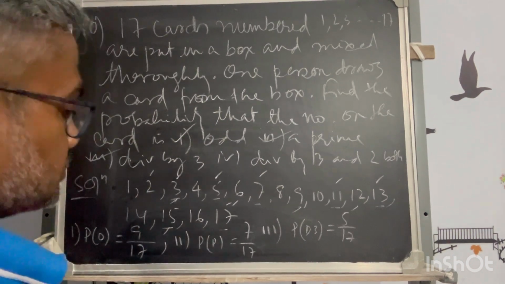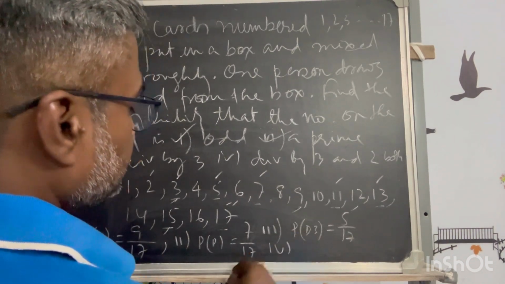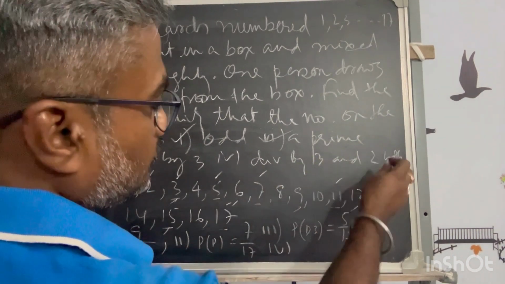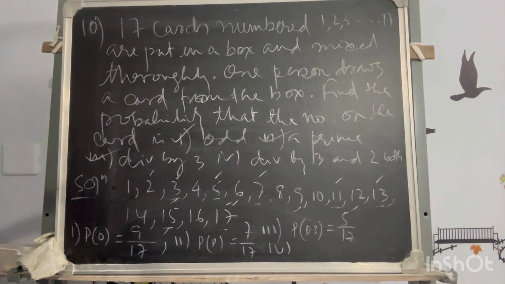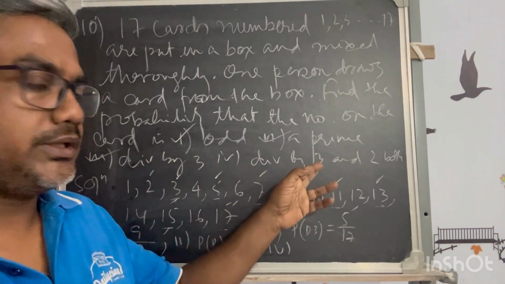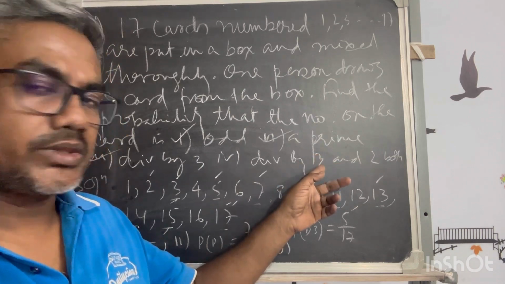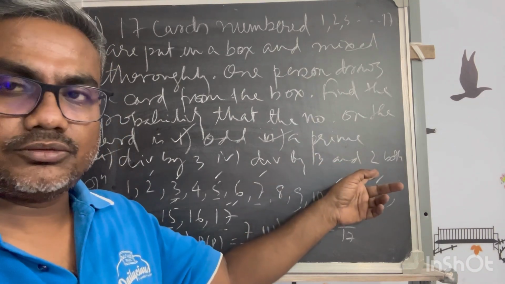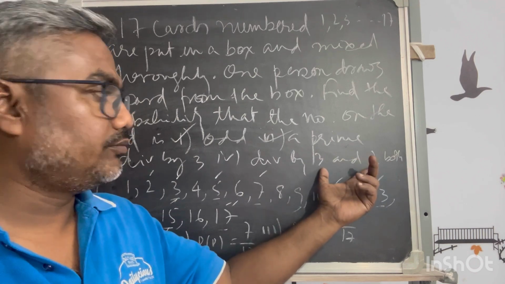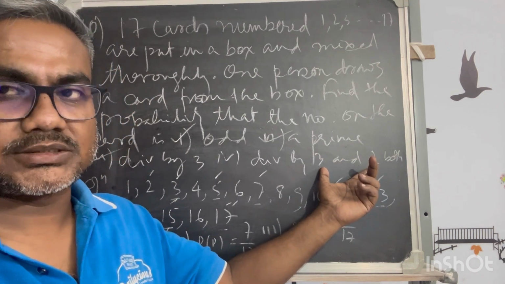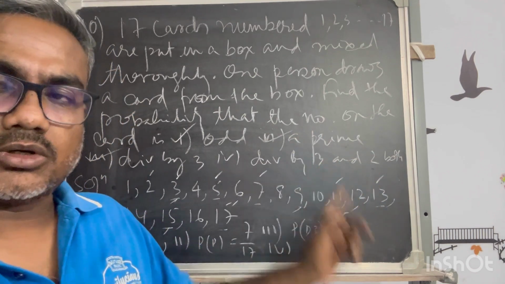Third one is completed. Fourth, it is saying divisible by 3 and 2. So the number which is divisible by 3 and 2 must be a multiple of the LCM of 3 and 2. So if I take the LCM of 3 and 2, what do we get? 6. So the number should be 6 or a multiple of 6.